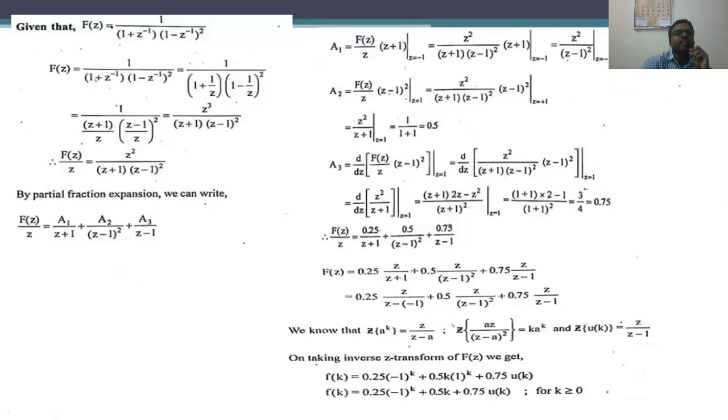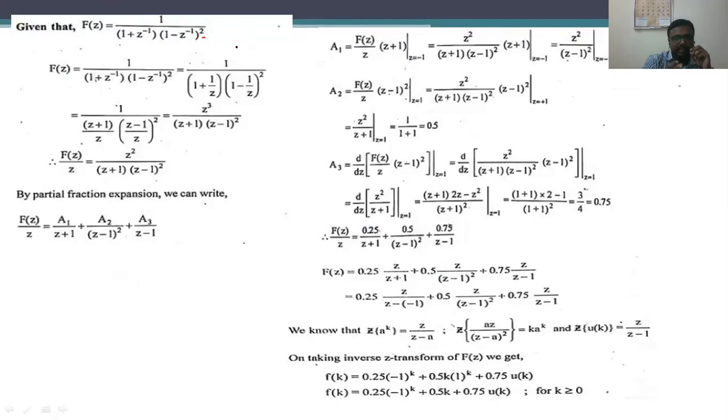Here he has given f of z is equal to 1 divided by 1 plus z inverse into 1 minus z inverse whole square. We are able to observe two different poles, we are going to observe repeated poles.